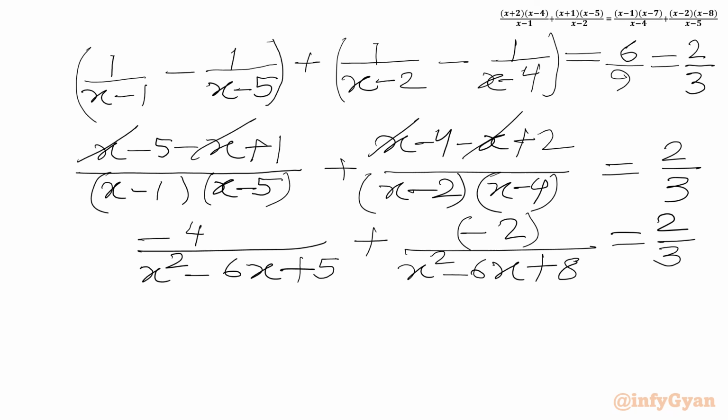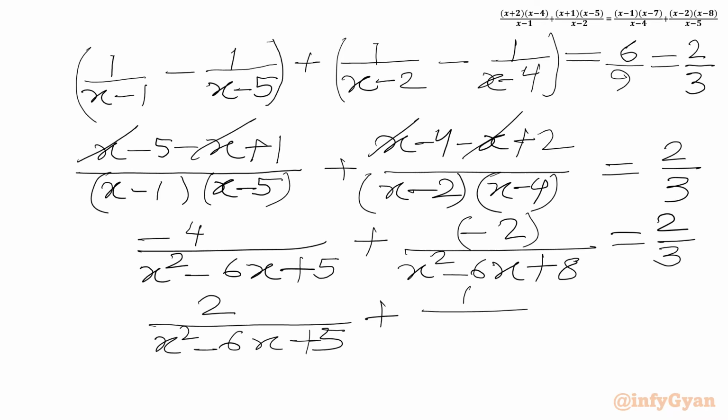At the same time, I will multiply with minus 1, or we can say let's divide this equation by minus 2. So we will get 2 over x square minus 6x plus 5 plus 1 over x square minus 6x plus 8. This will be equal to minus 1 over 3.